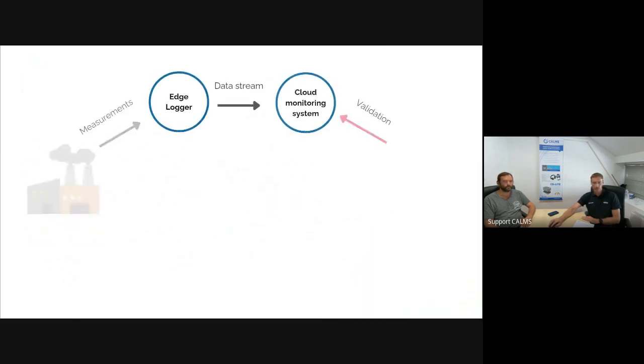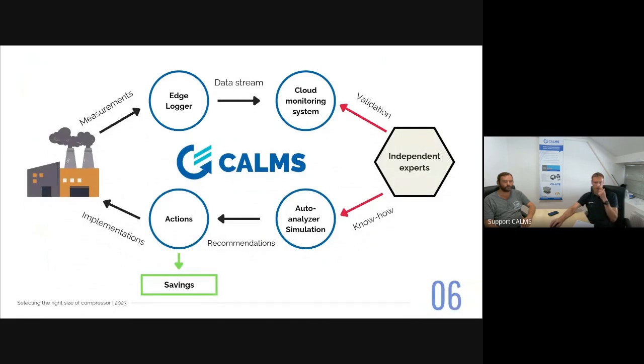This is a little bit more graphical presentation. It's more or less the same. You have a factory with many compressors. You do the measurements and collect the data with the edge devices. We are streaming this data to the cloud servers, and together with independent experts, it's complete processing independent from the manufacturer.